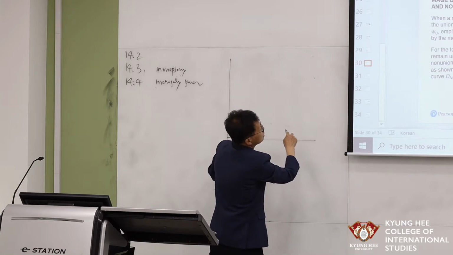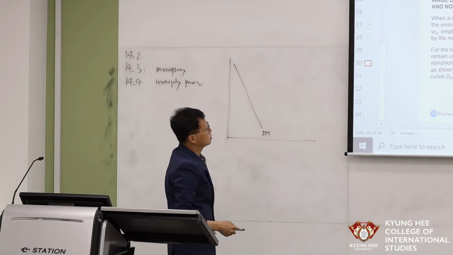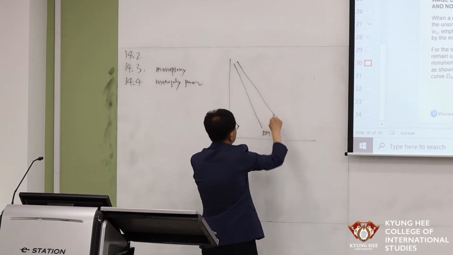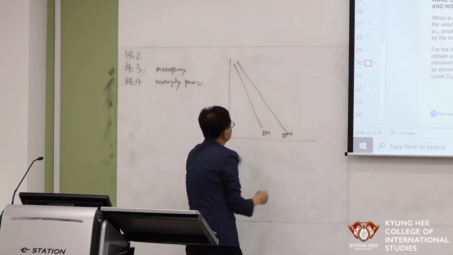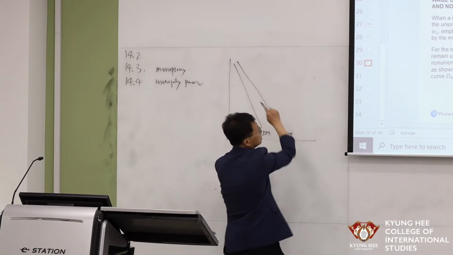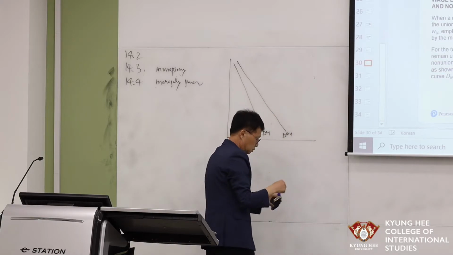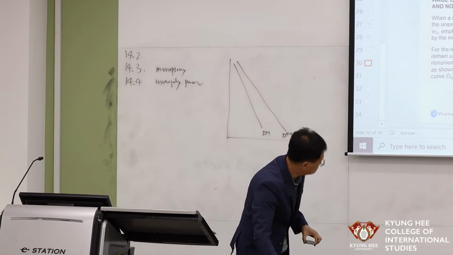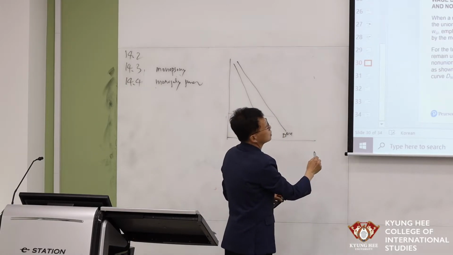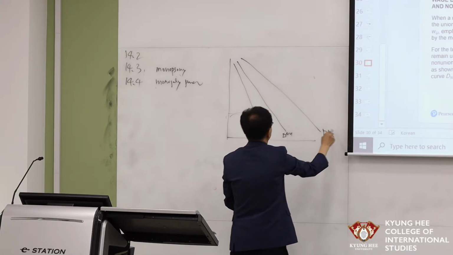This is the labor demand for unionized workers, and the demand for non-unionized workers. Then total labor demand is the summation of this one plus this one, like this. That is the demand for labor.